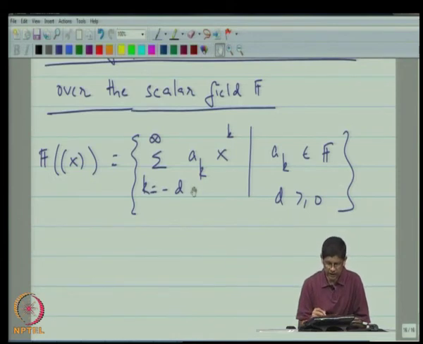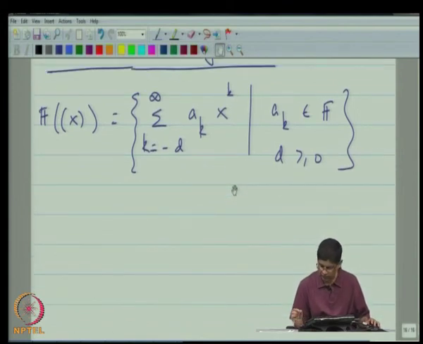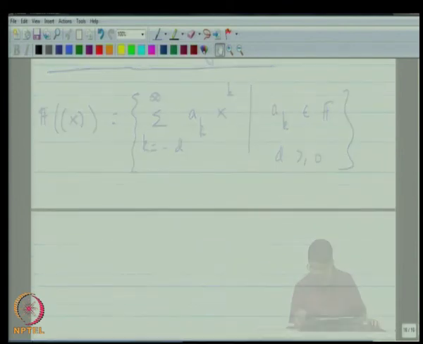It is very clear how you would add two formal power series, because you just add them term by term. The question is, how do you multiply them? Well, if you know how to multiply polynomials, I am sure you will figure out how to multiply formal power series. The only question is, how do you actually divide? For that reason I will only illustrate division.